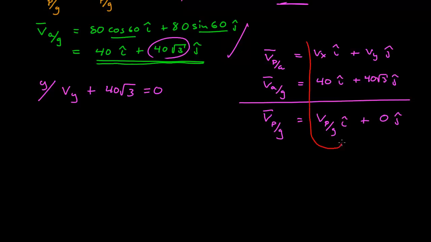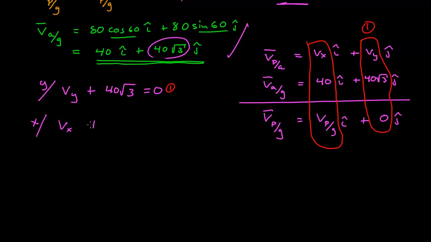So this gives me two scalar equations, because the sums of the components must be equal. And so here's one, and then in the x direction I have v sub x plus 40 is equal to the magnitude of the plane relative to the ground.